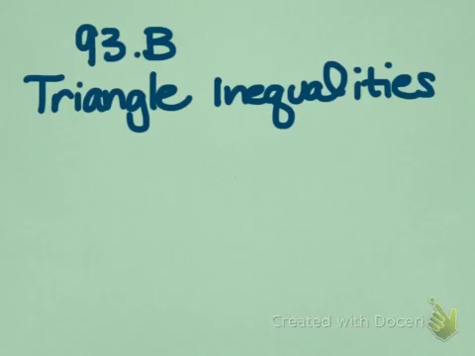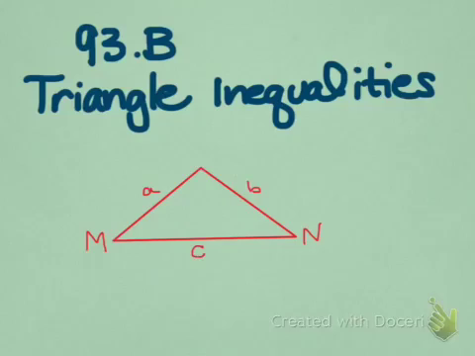Okay, now we'll talk about triangle inequalities. So the first thing that we're going to look at is when you have a triangle, the sum of the lengths of two of the sides of the triangle are always going to be bigger than the third leg of the triangle.